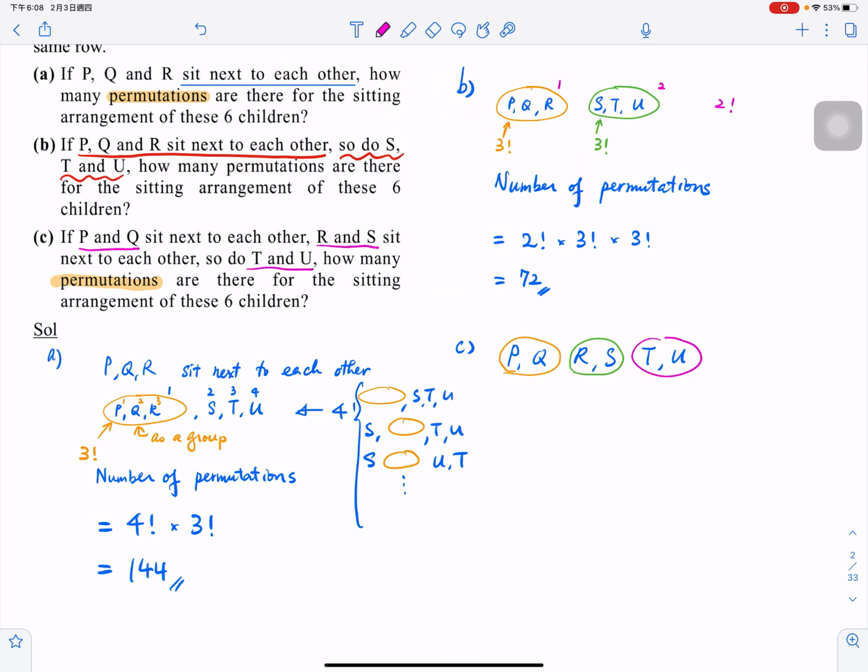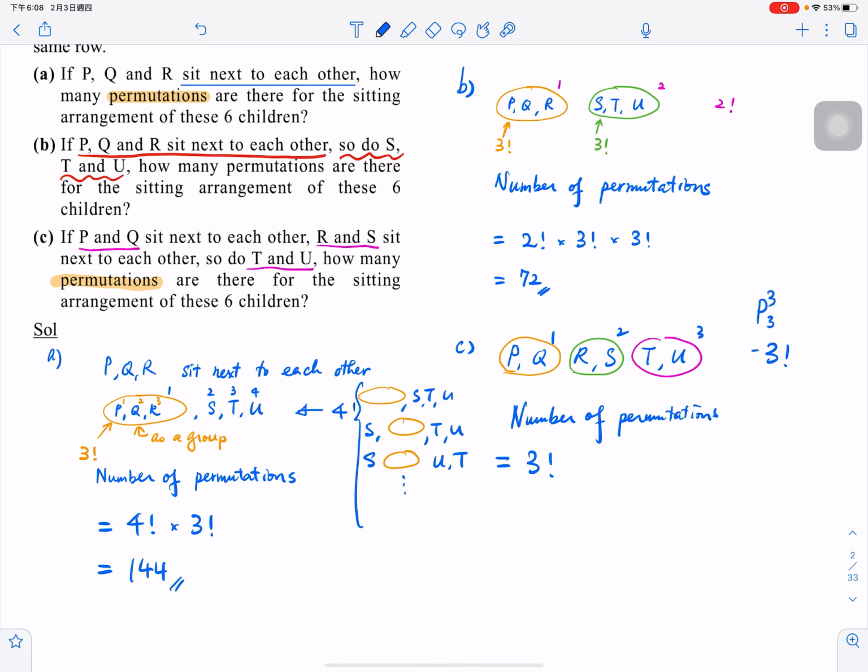If you think of it as these three groups, you can study it as 3 items. So the number of permutation will equal 3 factorial, right? 1, 2, 3.